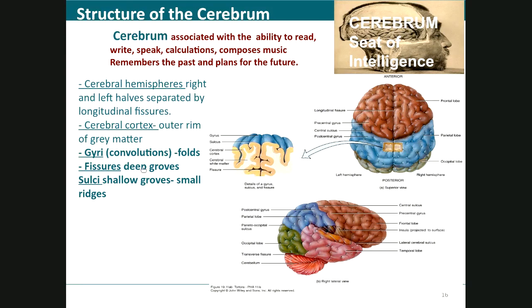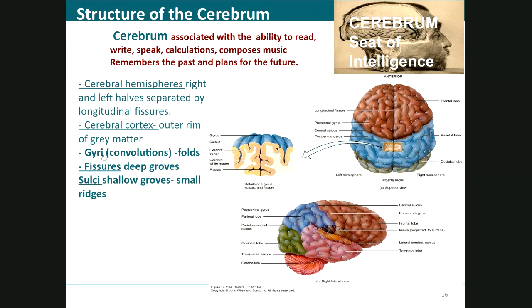You could see these folds. These folds are called gyri. It's important to know that these folds are called gyri. The longitudinal fissure is a deep separation or deep groove.